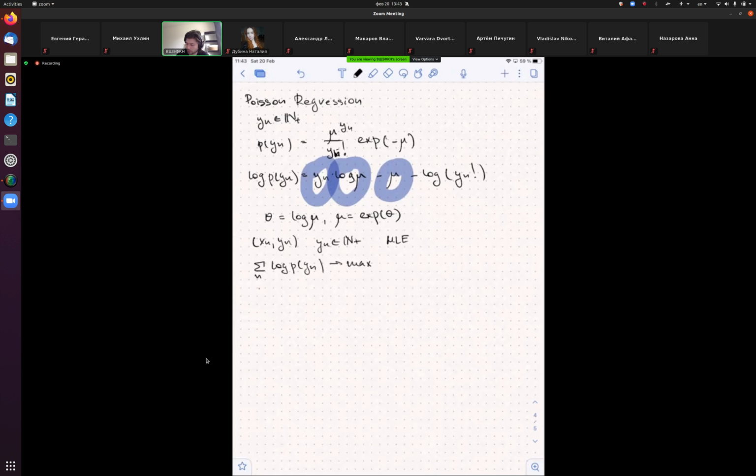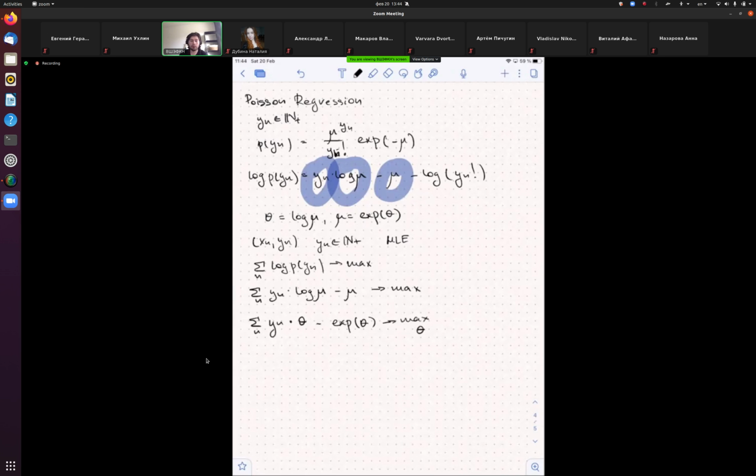Let's write it in more detail: we write this term minus this term, and we would like to maximize it. This term is theta, and this term is the exponential of theta. We would like to maximize this over theta.